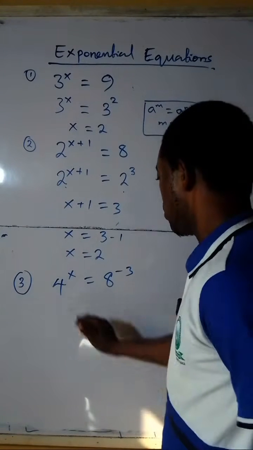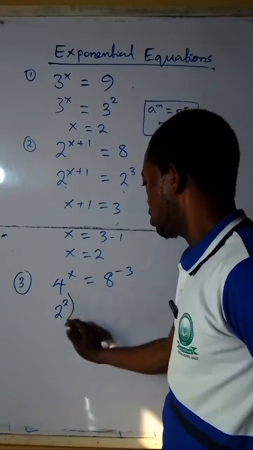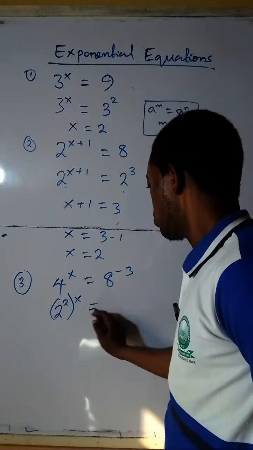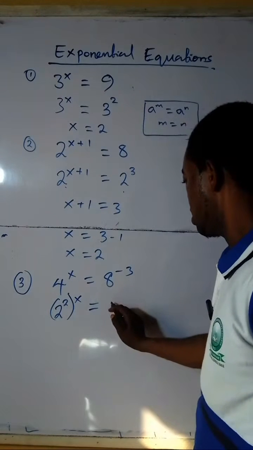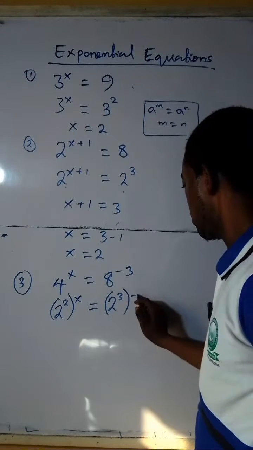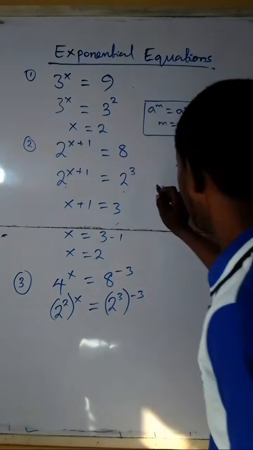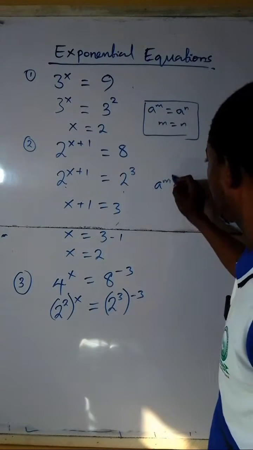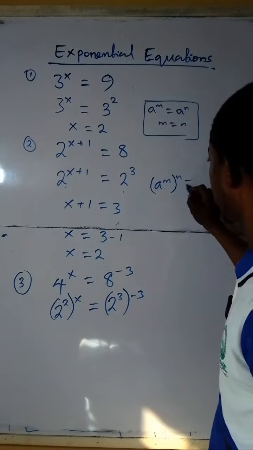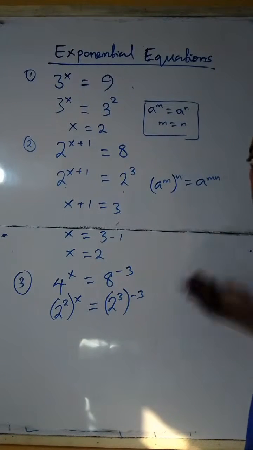That is, here 4, we can write that as 2 squared, then raised to power x, then equals to, also here 8 can be written as 2 raised to power 3, then raised to power minus 3. Which implies here, when we have a raised to power m, raised to power n, the powers multiply and we have a raised to power mn.